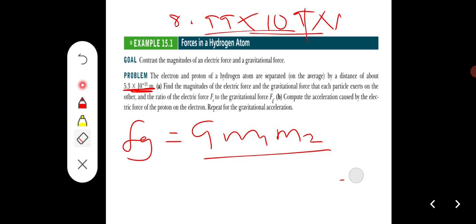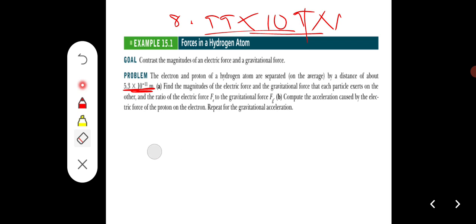So for the ratio, since they are asking for the ratio of electric force to gravitational force, the electric force should be on top of the gravitational force. Then the values you find for the electric force and the gravitational force, you put them in, then you solve.